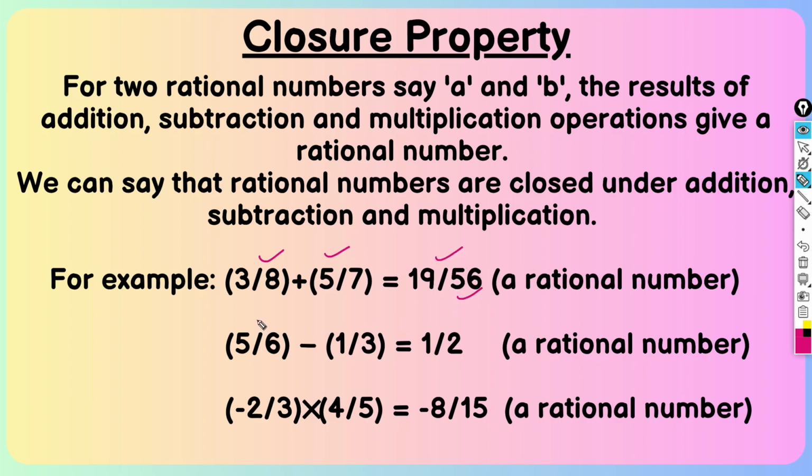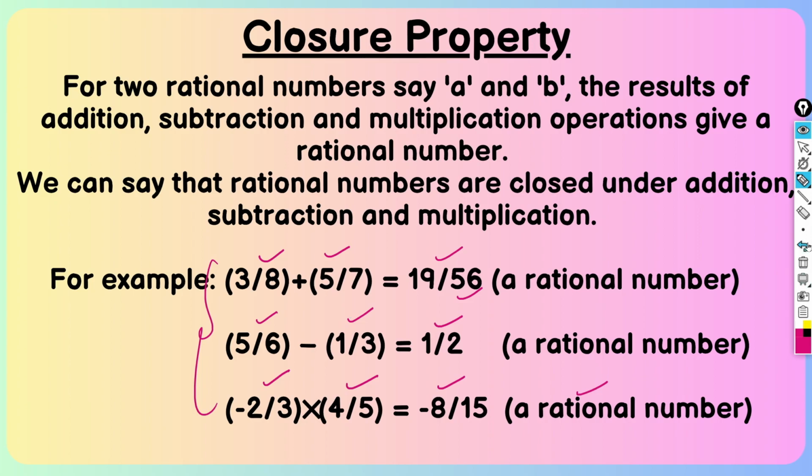Then if we subtract 1 by 3 from 5 by 6, the result is 1 by 2, which is a rational number. Now, if we multiply minus 2 by 3 with 4 by 5, we get minus 8 by 15, which is a rational number. Hence, for these 3 operations, addition, subtraction and multiplication, rational numbers follow the closure property.